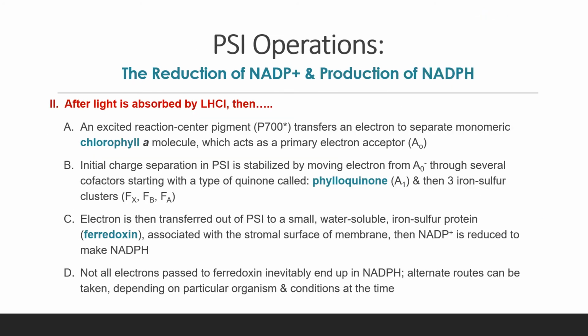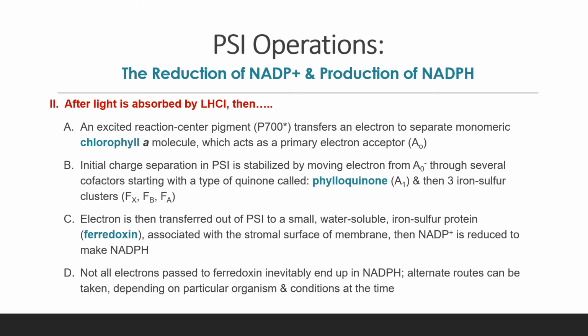Okay? So after the light is absorbed by LHC1, the excited reaction center pigment P700 transfers an electron to a separate monomeric chlorophyll a molecule, which acts as the primary electron acceptor. You will be denoting it as A sub 0.